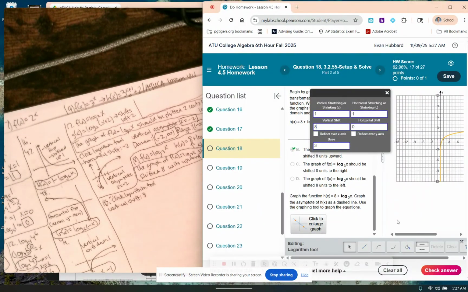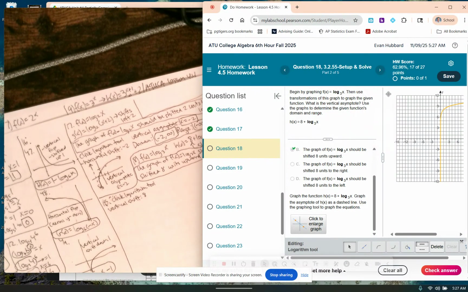Okay, I'm learning how to use this. And then we're going to have a vertical asymptote at x equals 0.